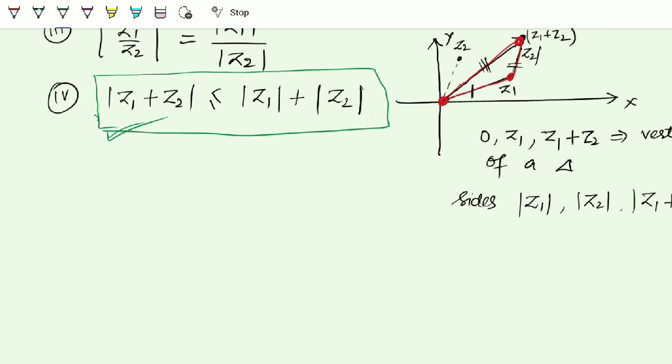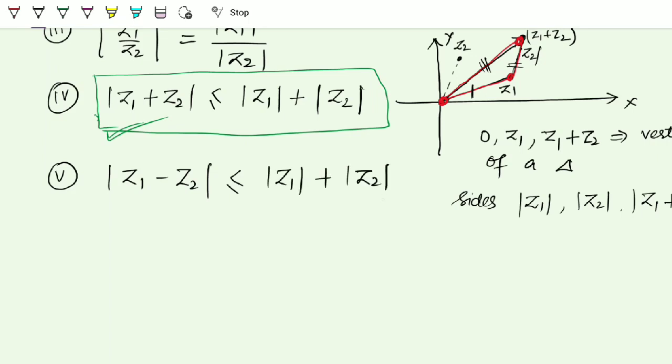In a similar way we have mod of z1 minus z2 is always less than or equal to mod z1 plus mod z2.